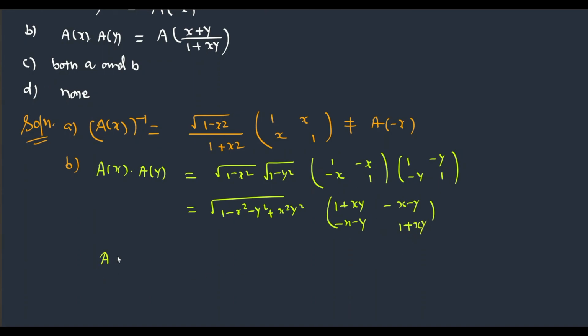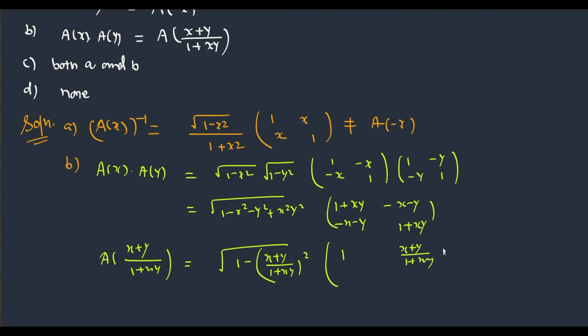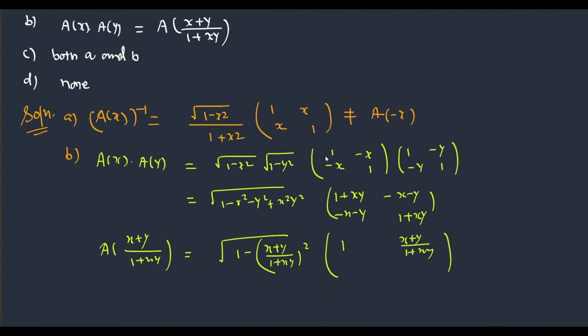Now if you calculate A of the input x plus y by 1 plus xy, in the place of x we have x plus y by 1 plus xy whole square, and in the matrix we have 1, and in the place of x we have x plus y by 1 plus xy. Original matrix is minus x, so here we have minus x plus y, then 1 plus xy and plus 1.